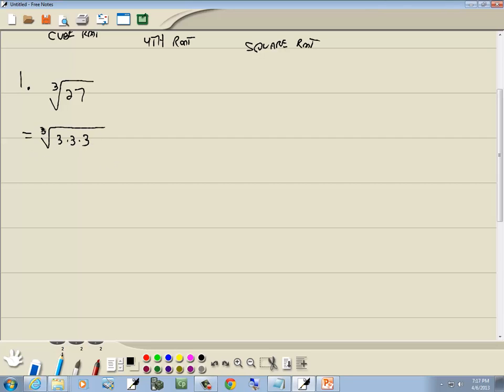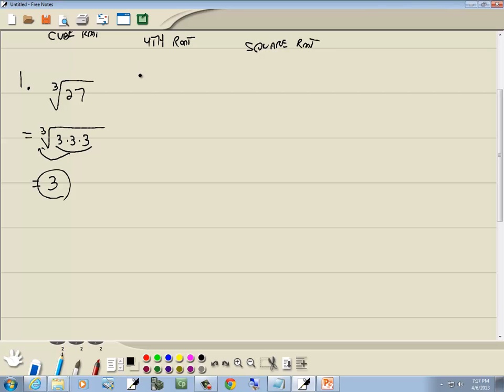Now our index, this number in the slot here, is 3. What that means is we're looking for a set of 3 of something. Here we have 3 3's, so 3 3's are going to come out in front of our radical as a single 3. So again, the index tells us how many we're looking for, and after you find that many, you bring it out, and it comes out as a single one of them. And that's our answer.